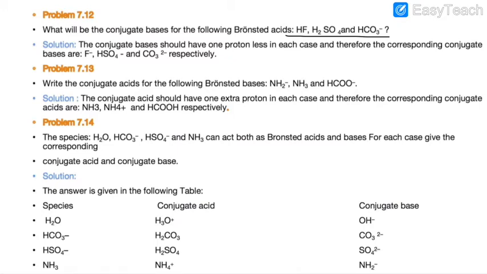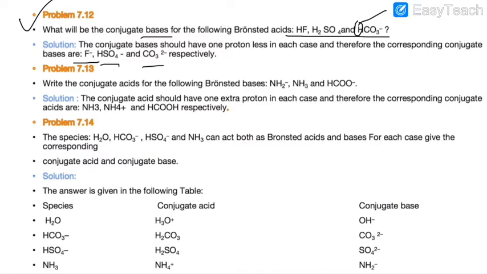Now we have to find the bases for the given acids, so we have to remove one H plus from the given molecules or ions. From HF, the conjugate base will be F minus. From H2SO4, the conjugate base will be HSO4 minus. And from HCO3 minus, when we remove one hydrogen, we will get CO3 2 minus.